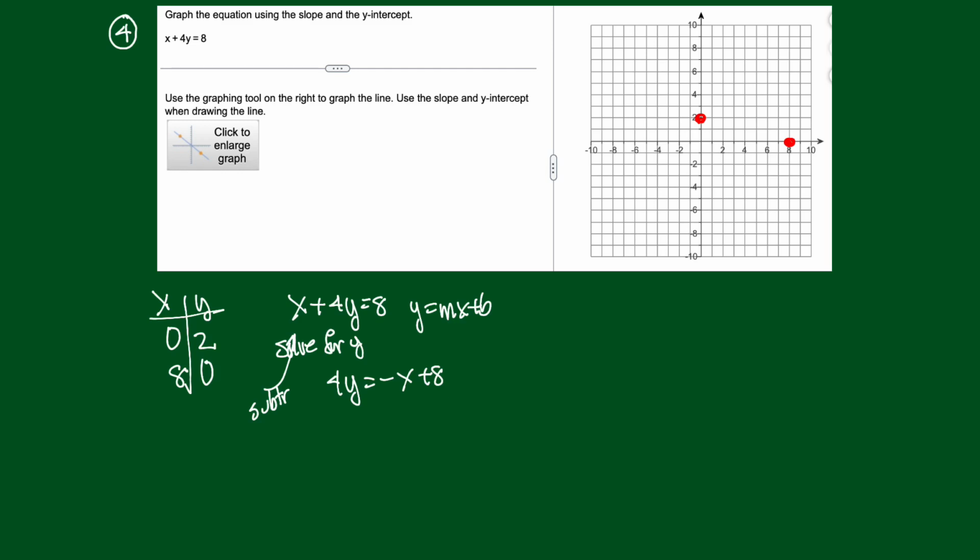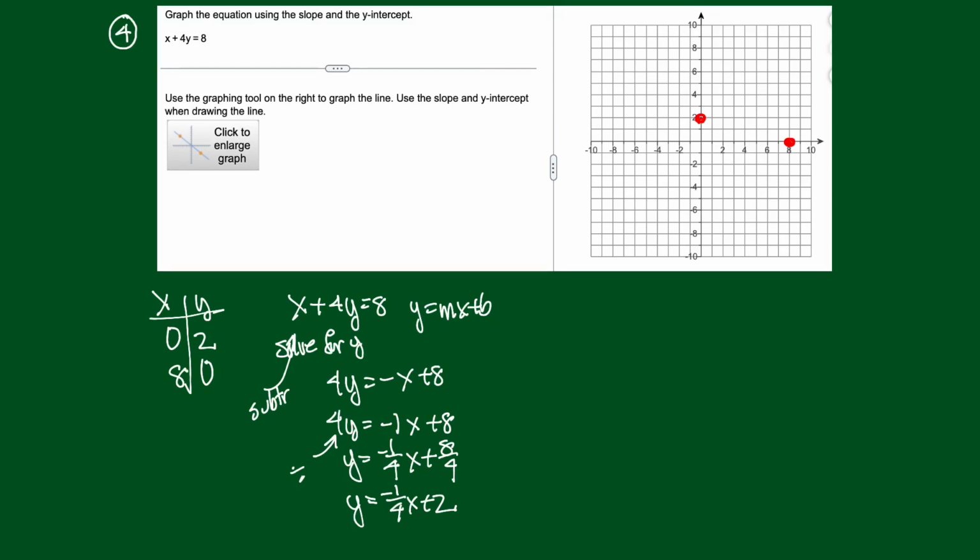Now I'm going to divide by 4, but notice this is really 4y equals -1x plus 8. And when I divide by that 4, we'll get y equals -1 over 4x plus 8 over 4, so we'll get y equals -1 over 4x plus 2.